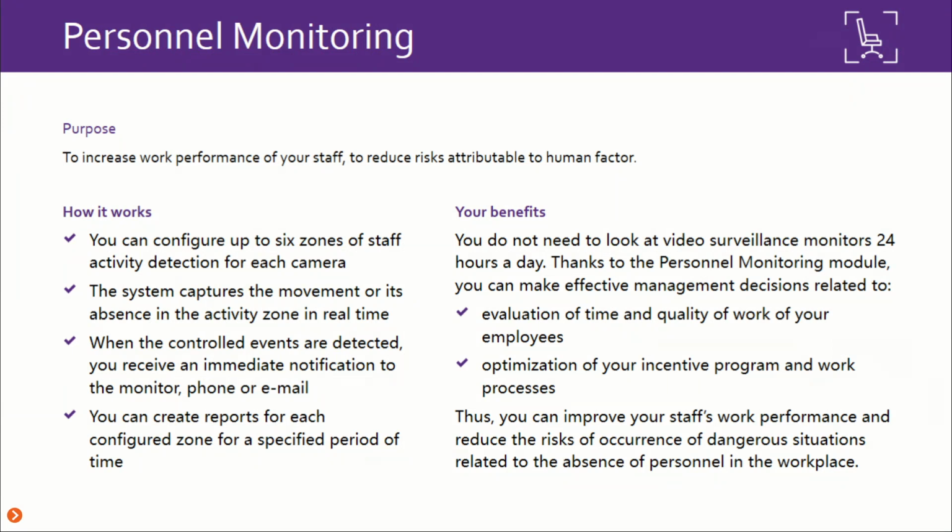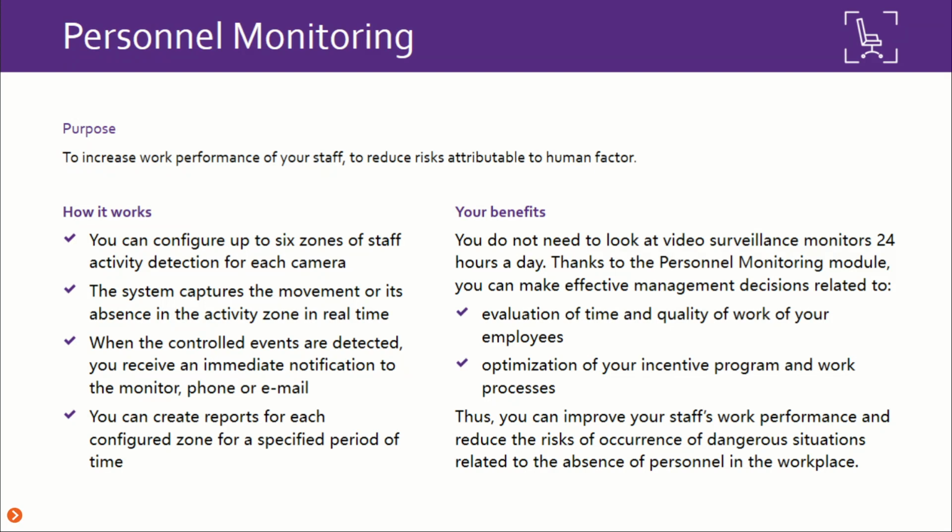Personnel monitoring module. Personnel monitoring module is mainly used in a project where human presence is needed at a specific location. Let's talk about a very sensitive area like nuclear power plant or hydroelectric power plant where guards are needed all the time, or water treatment plant where guards are needed all the time.